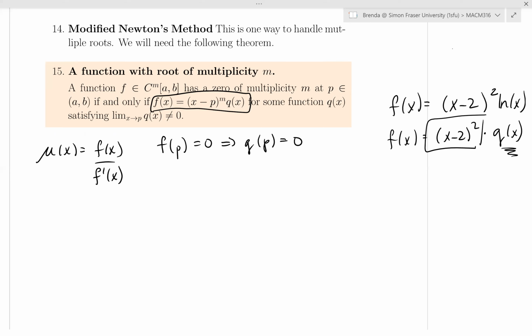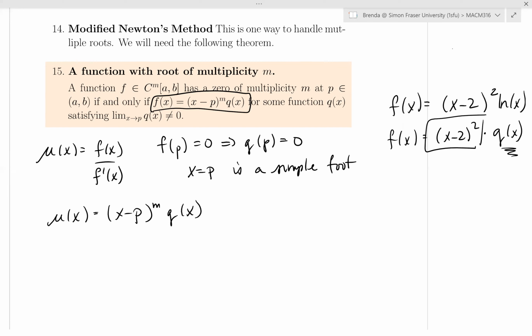We're operating under the usual Newton's method assumption that x equals p is a simple root, because at this point f prime of x cannot be 0, otherwise mu of x doesn't make sense. We can apply that theorem here, and that means f of x can be written as x minus p to the m times q of x.